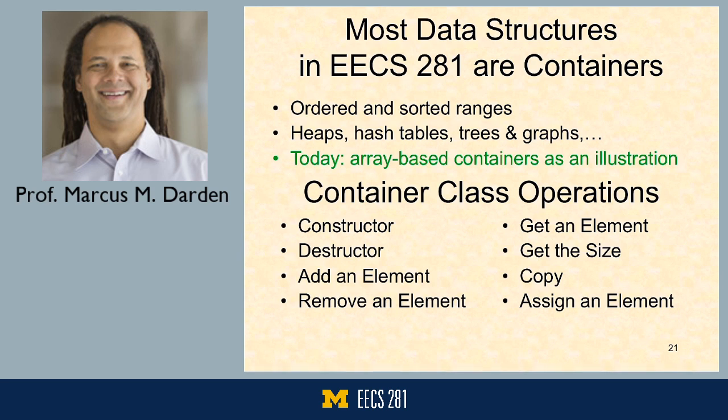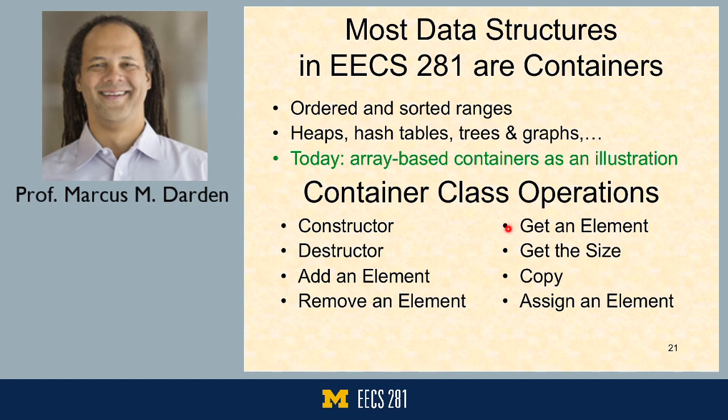Every time we look at a container class, we've got some basic things that we want to do. We want to be able to construct and destruct them. Of course, usually it's not good to have a container if you can't put something in there. Most of the time when you put something in there, you also occasionally want to be able to remove them. Not all containers have remove as an ability, but it's pretty common to have add and remove items. And if you put them in there and you can't get them out, it's not really that good either.